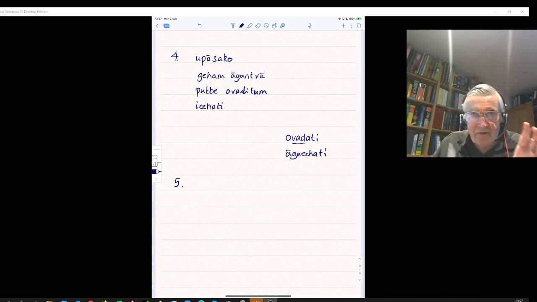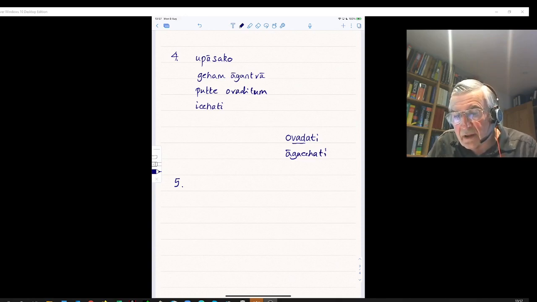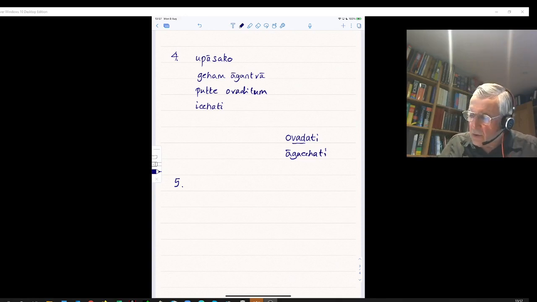So the first of the two things he wishes to do, we put in the absolutive. So that would be having gone, gantva, and he wishes to speak is bhasitum ichati. So the deity, it's the devo. Let's try this. Devo.